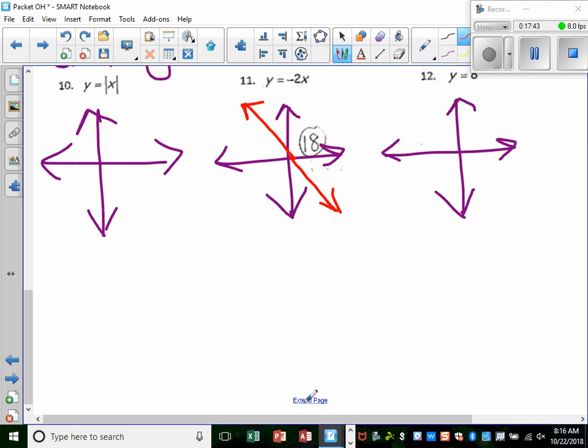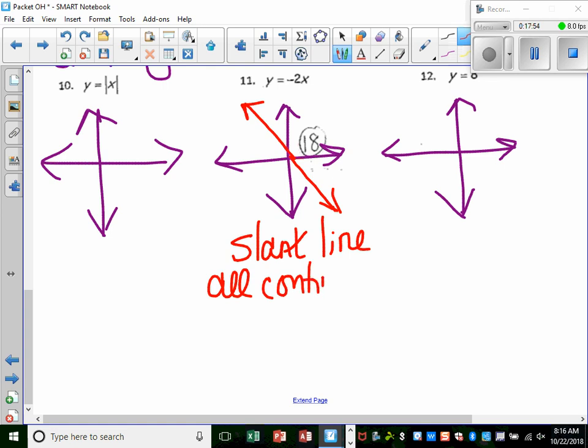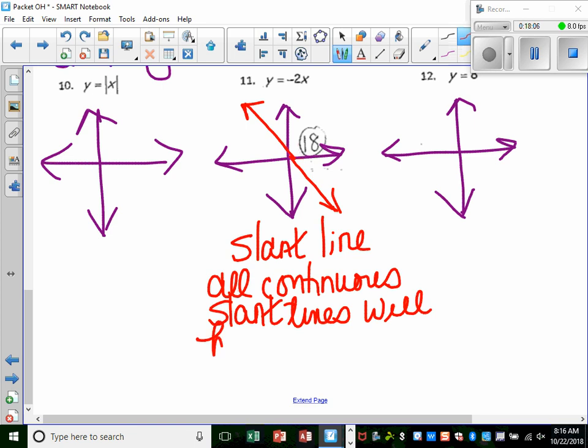So this is what we call a slant line. Write this down: slant lines are continuous, and they will have all reals for x, that means for domains and ranges.